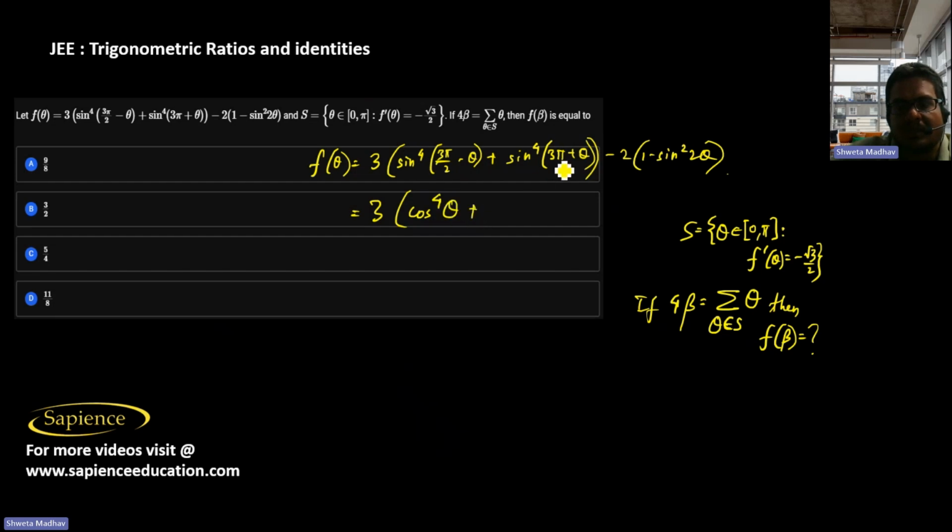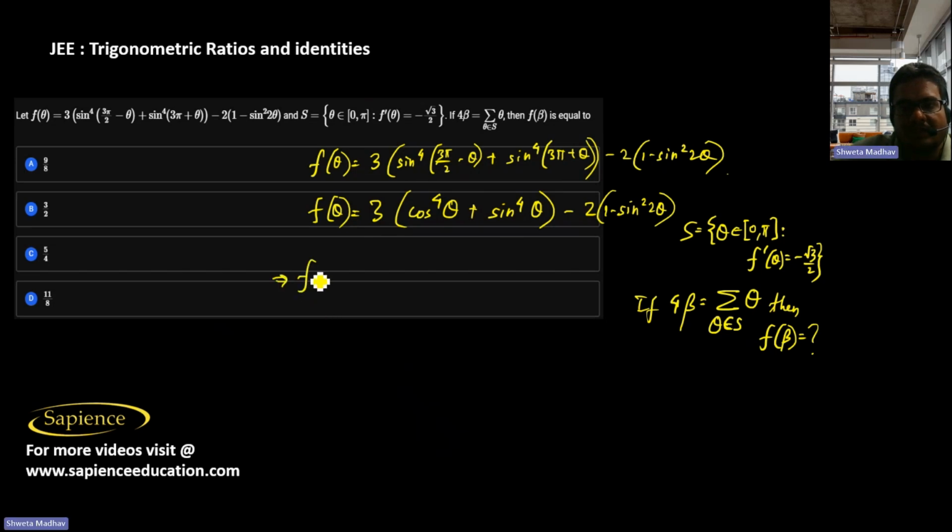Plus sine 3 pi plus theta, sine 3 pi, 1, 2, 3, so it is again in the third quadrant. So it is minus sine theta, but since power 4 is there, it will be sine power 4 theta only. Then minus 2 into 1 minus sine square 2 theta. So this is f of theta.